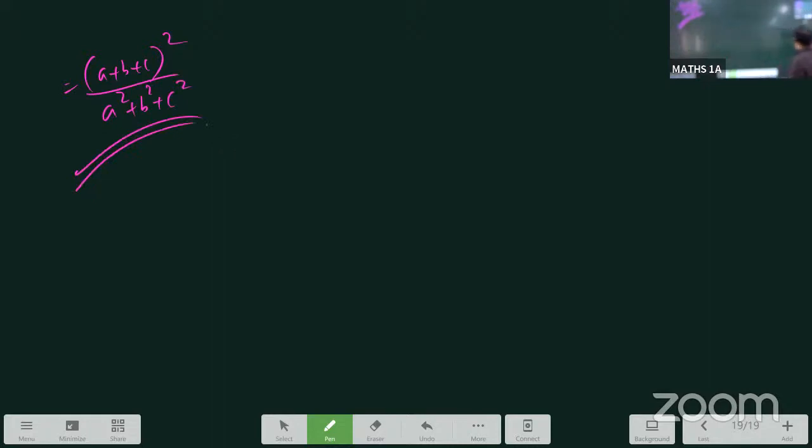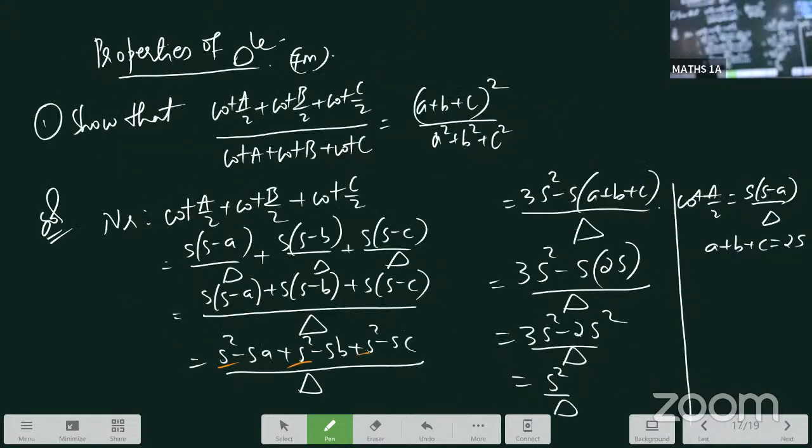Is it clear? Once again, you can have a total board. Show that cot A by 2 plus cot B by 2 plus cot C by 2 is equal to A plus B plus C whole square by A square plus B square plus C square times cot A plus cot B plus cot C. This is the result asked. Take your numerator separately, cot A by 2 plus cot B by 2 plus cot C by 2. Using the S into S minus A by delta formula, on simplifying, I got S square by delta.